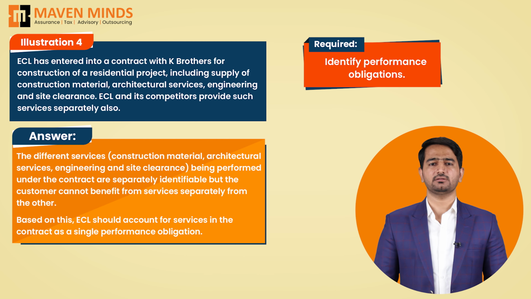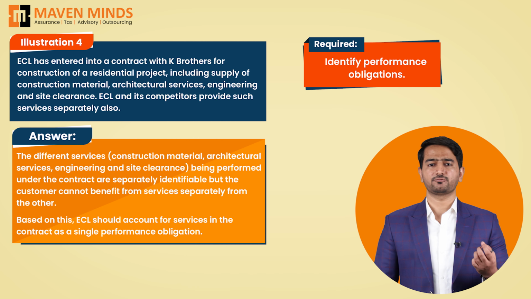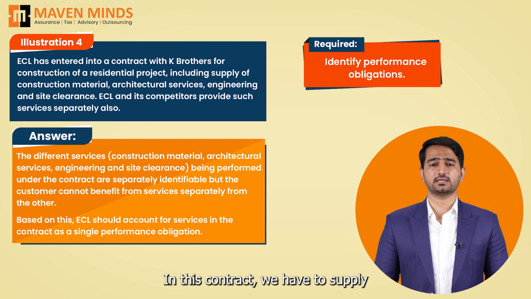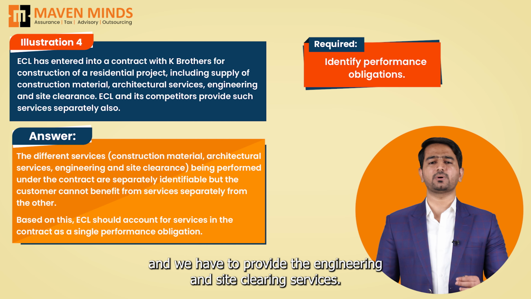In this illustration, we have a company called ECL. It has contracted with K Brothers for the construction of the residential project. In this contract, we have to supply the construction material, we have to provide architectural services, and we have to provide the engineering and site clearing services.